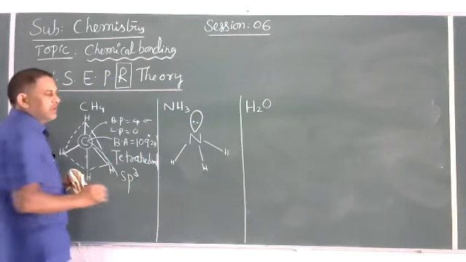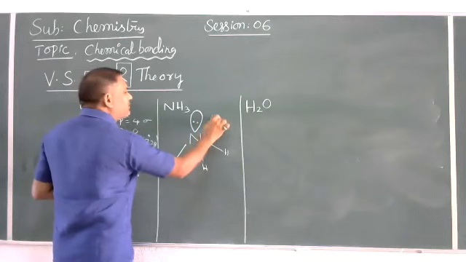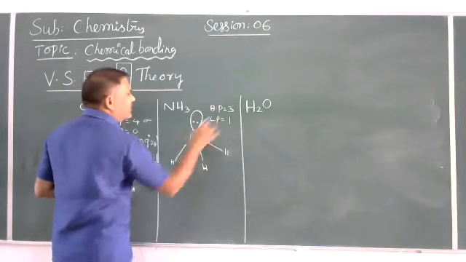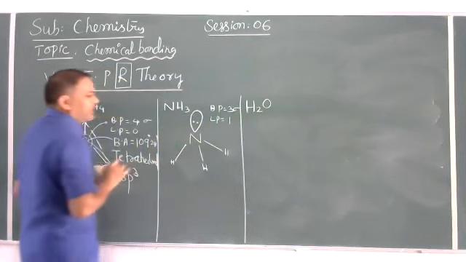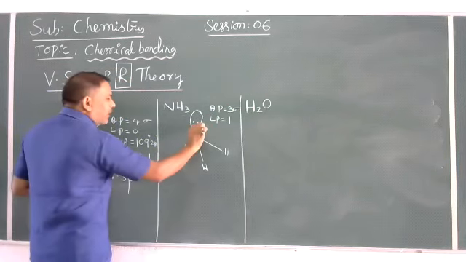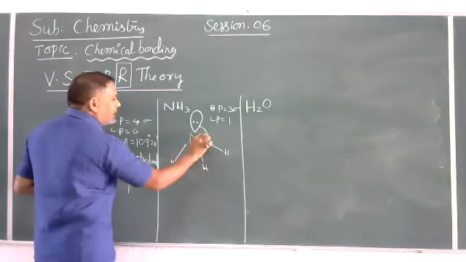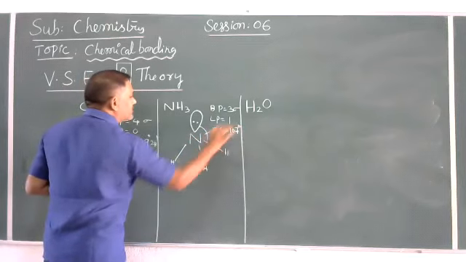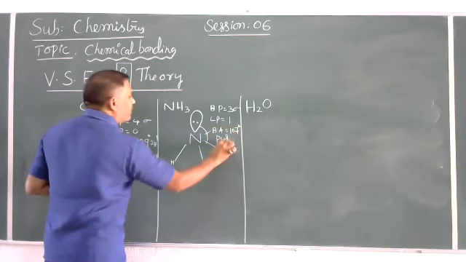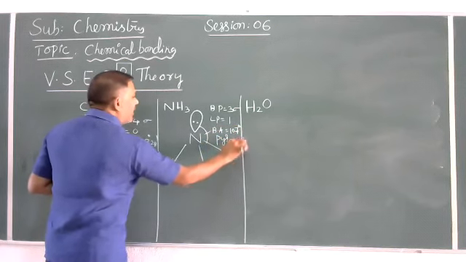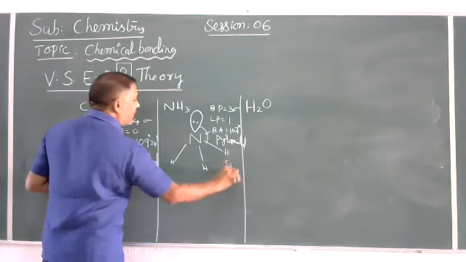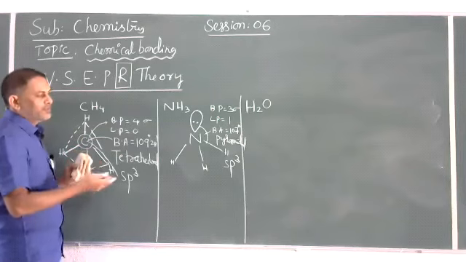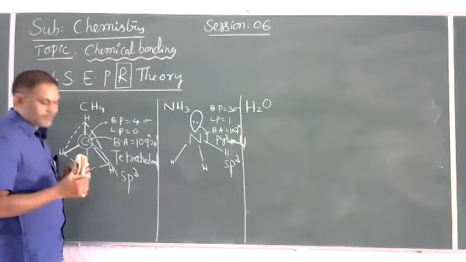Here LP is 1 and BP is 3, meaning 3 sigma bonds and 1 lone pair. The bond angle BA is 107 degrees, the geometry is pyramidal, and the hybridization is sp3. I'll explain how it forms hybrid orbitals.